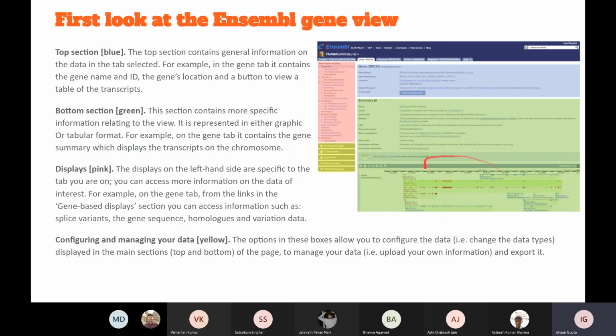At the bottom here, you see a snapshot of the location of the gene in the chromosome. So this is where the gene is lying. Each of these lines that you see, a couple of solid rectangles and lines connecting these rectangles, is basically a transcript.